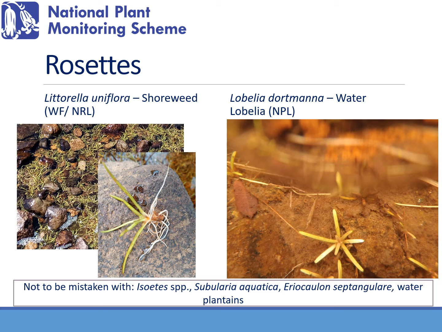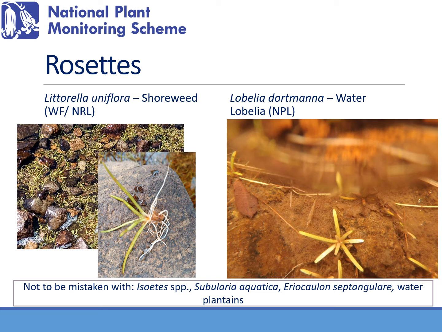Subularia aquatica, which is awlwort, has quite a restricted distribution and has slightly channeled leaves, so you're less likely to muddle that with either of these species because the leaf surface has a slight channel along it. Eriocaulon has a very restricted distribution and is only found in 1 or 2 locations in Argyll and in Skye. So if you're surveying in those areas, just be aware that you might come across that species.